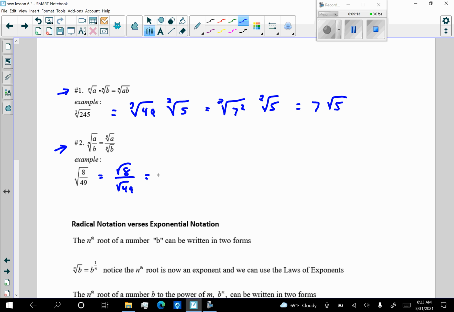Does 8 have any factors that are perfect squares? Thank you, Billy. 4. So 8 is the square root of 4 times the square root of 2, over 7. And the square root of 4 is 2. So this is going to be 2 square root of 2 over 7.